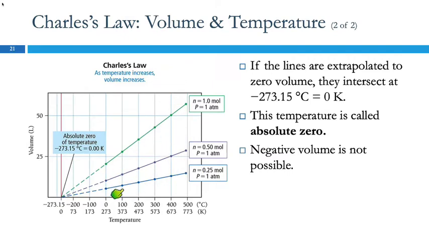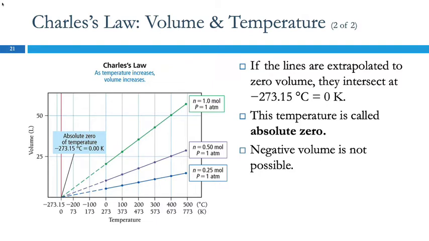What's interesting here is that if we extrapolate the lines, meaning drawing the lines past where the data actually is, we find that all of these lines intersect at a temperature of negative 273.15 degrees Celsius. Now that is the conversion relationship from Celsius to Kelvin.